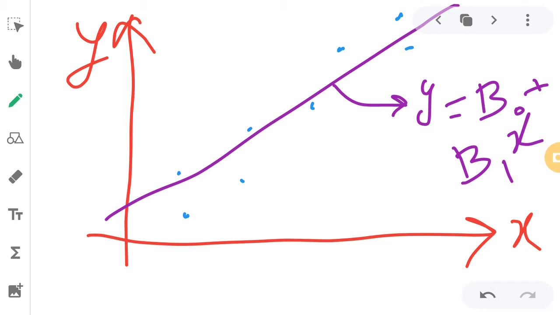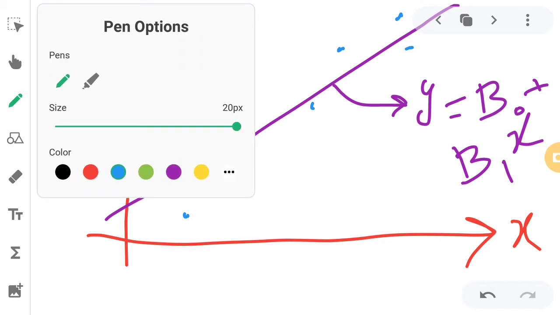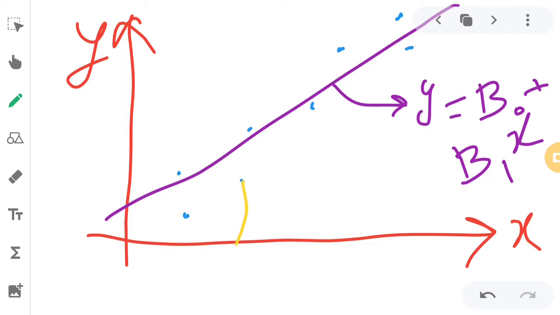Now notice one thing. Let's suppose x is area and y is price.